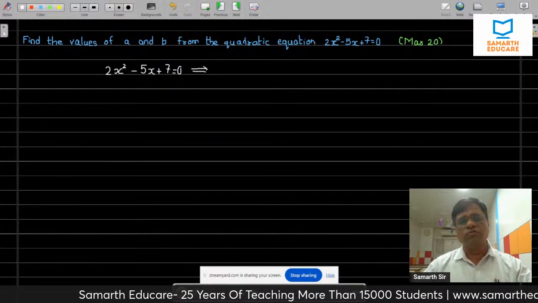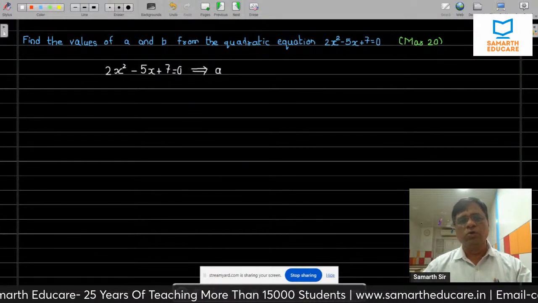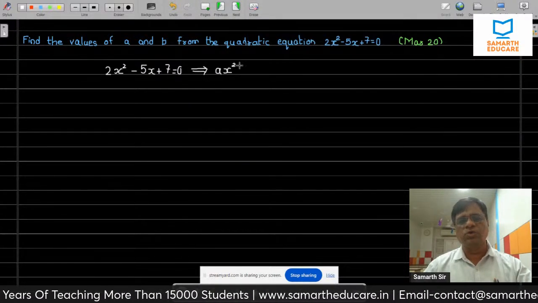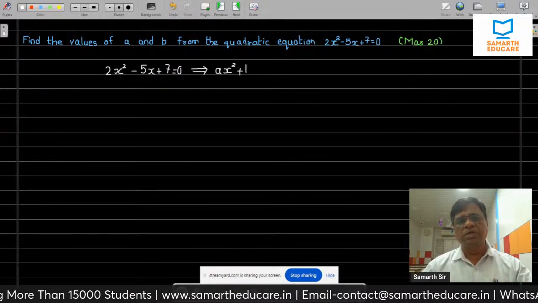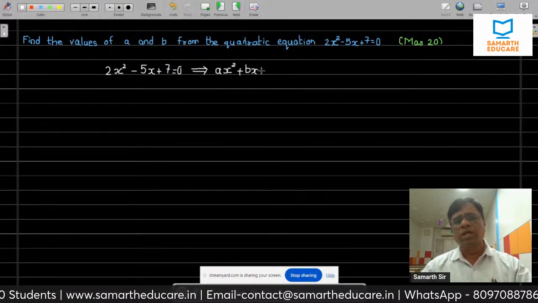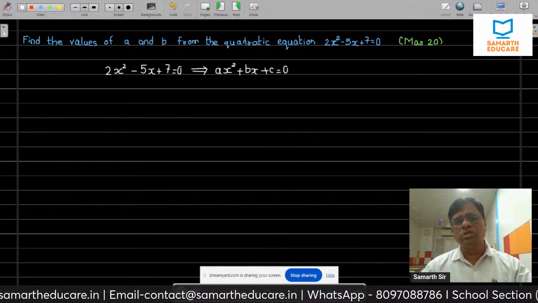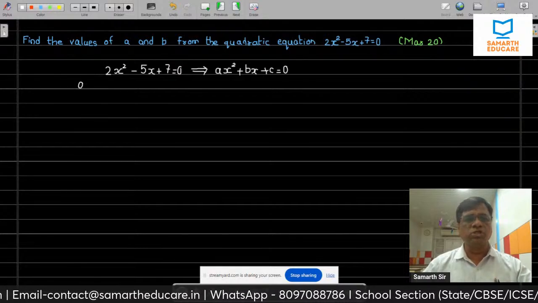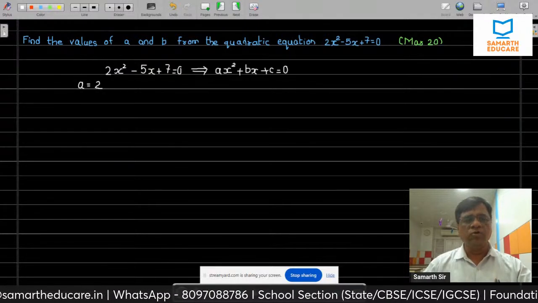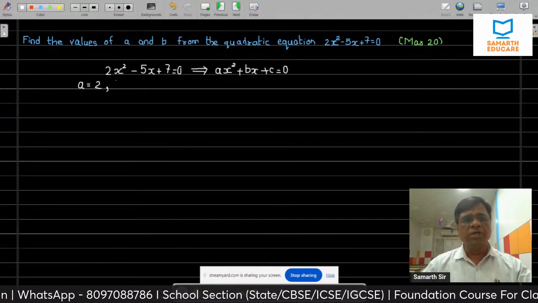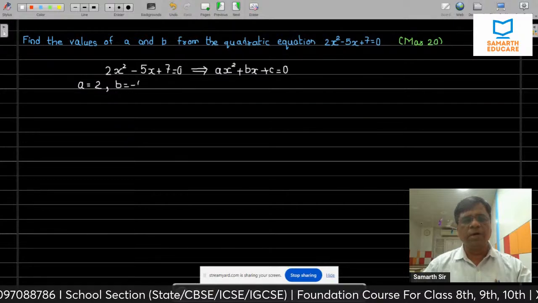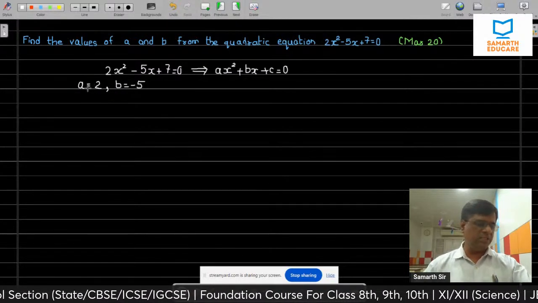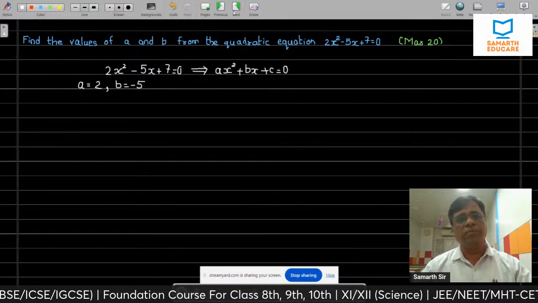If you look at it carefully, it is given in the form ax square plus bx plus c equal to 0. In this case, a is 2, and be careful, b is -5. c was not asked, so I'm not writing it here.